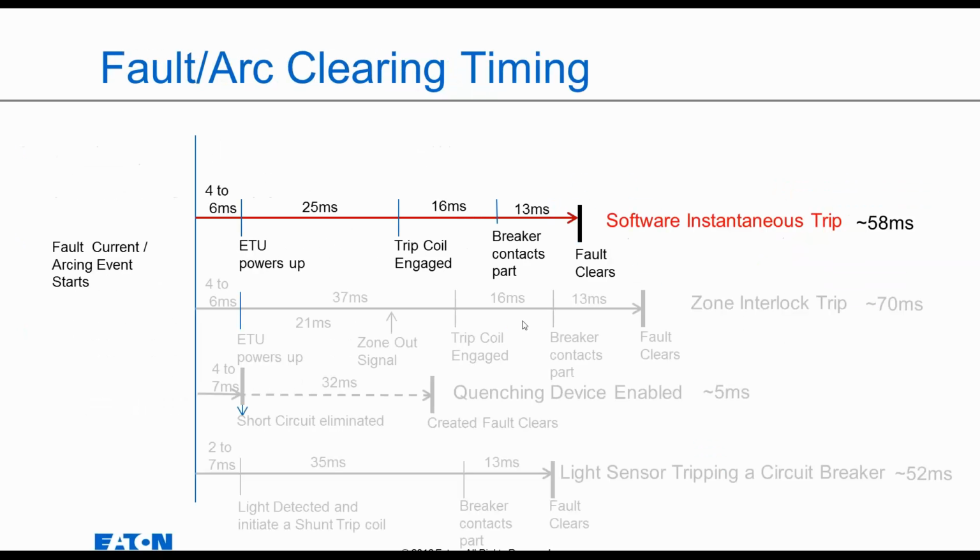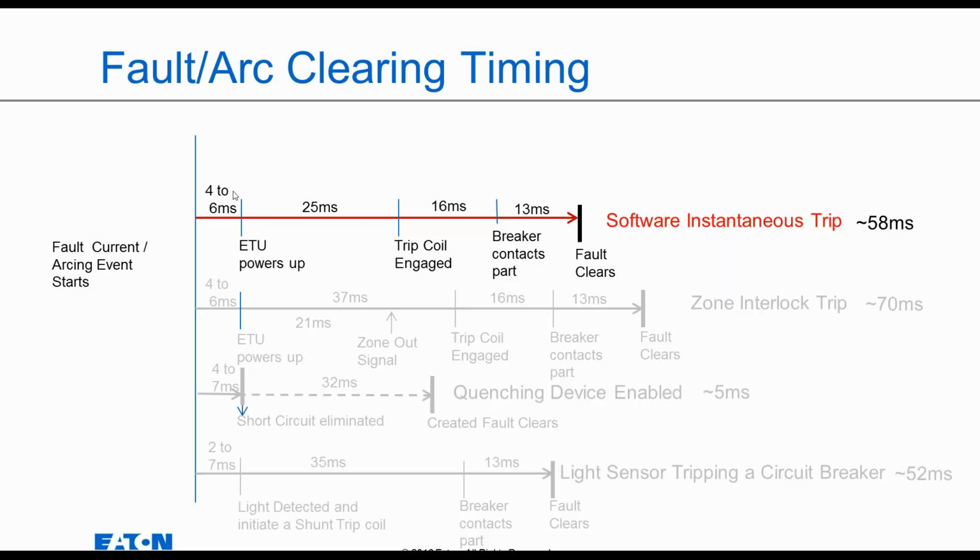And I put this in with software instantaneous. Software instantaneous is very similar, because there's an electronic trip unit, it powers up, and then again, if this was a protective relay, you could go on a UPS power or something like that, but you can't always guarantee that that type of power is available.